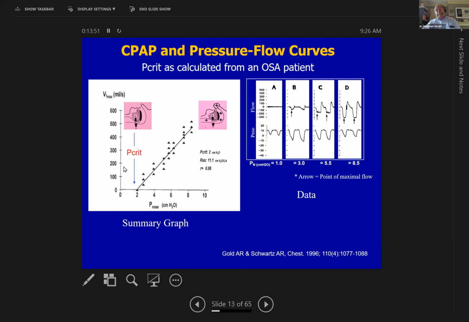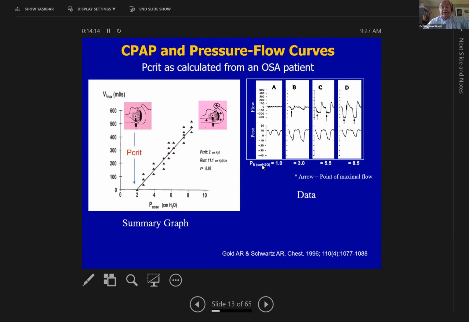Now, there are experts in flow and I can go on beyond that. This is a very simplified idea of a Starling resistor. But let's look at point D, when at 8.5 centimeters of water, your flow looks really good.